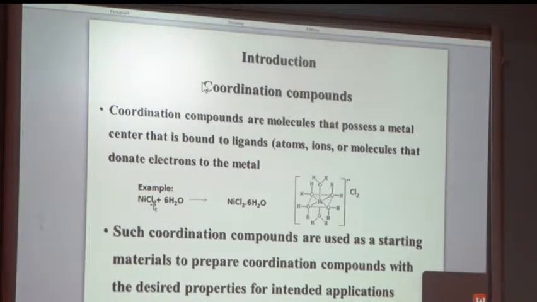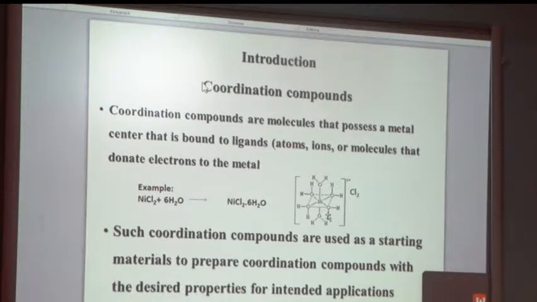When we treat nickel chloride with water, for instance, water, by using the lone pair of electrons on oxygen, satisfies the electron deficiency of nickel by what you call coordinate covalent bonding. And until some rules or some thermodynamic requirements are fulfilled, the ligands are coordinated.